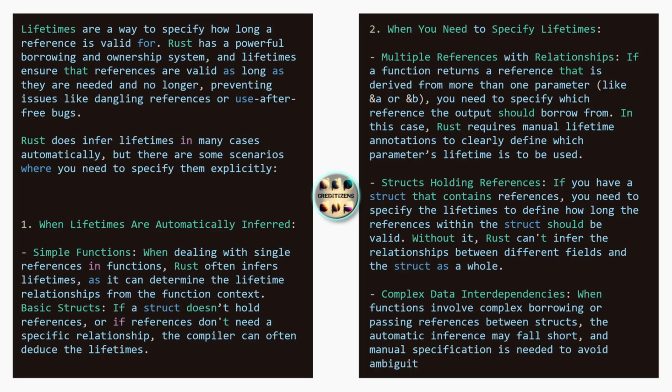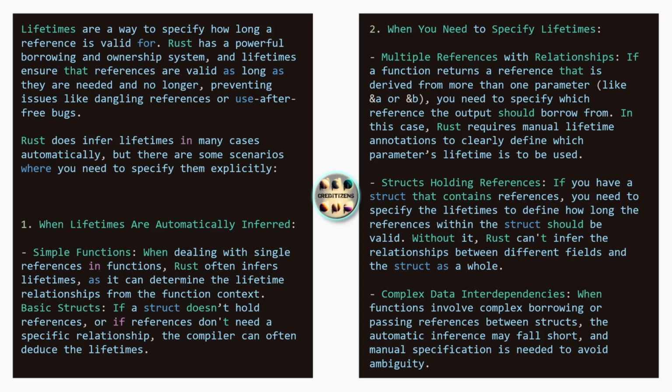Another case where you need to specify those lifetimes: structs holding references. If you have a struct that contains references, you need to specify the lifetimes to define how long the references within the struct should be valid.